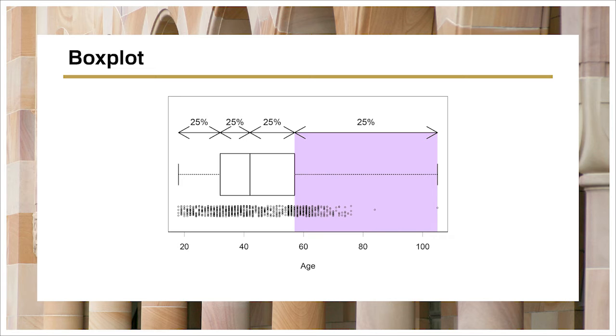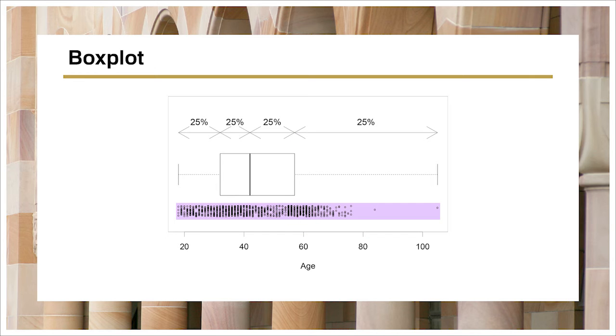The actual data is plotted below the box plot in this illustration. Many other ways of graphically visualizing data exist. We will discuss a few more when we talk about profiling and describing segments in steps 6 and 7.